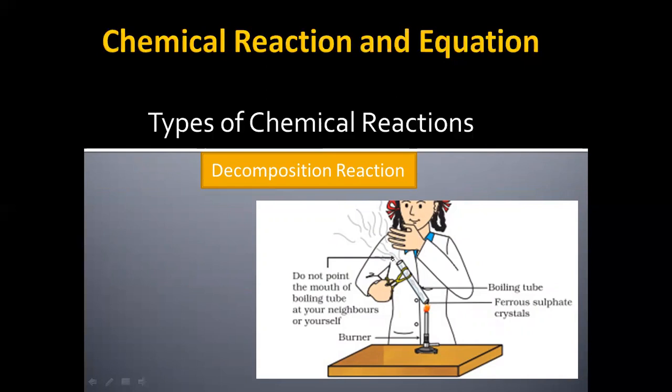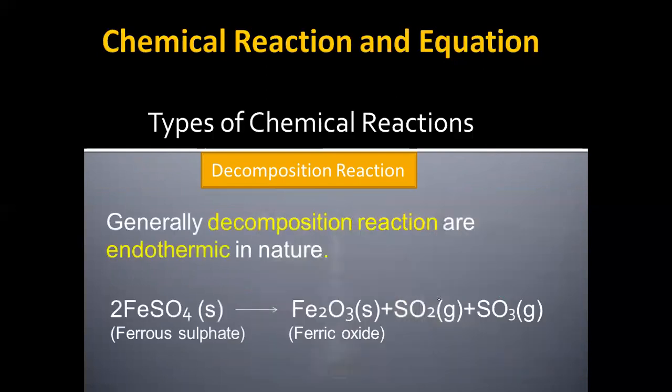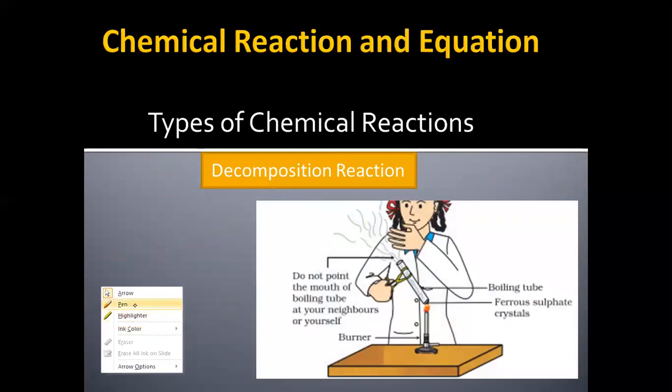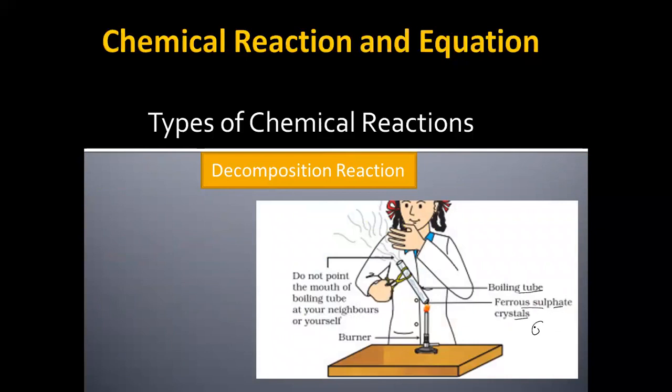You might have seen in your NCERT that there is a test tube, or simply the boiling tube, given. Once again, let me take the activity. There is a boiling tube in which there are ferrous sulfate crystals. These are green colored crystals of ferrous sulfate.